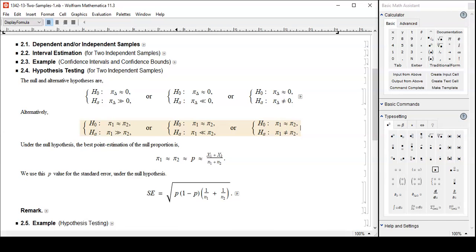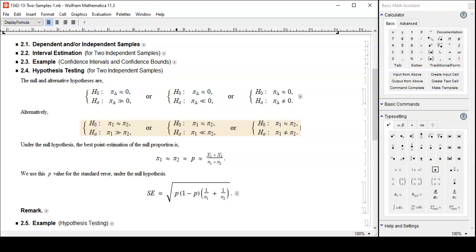So pi1 and pi2 must be equal, or at least approximately equal. The alternative, of course, is one greater than the other, or simply they're different. Either pi1 is greater, or pi2 is greater, or they're just different. Those are going to be the alternative hypotheses.